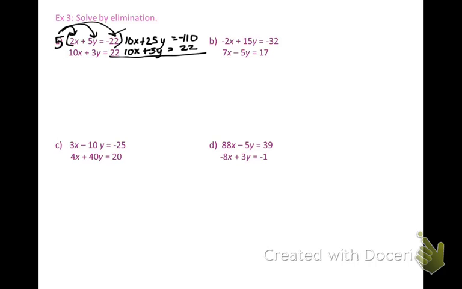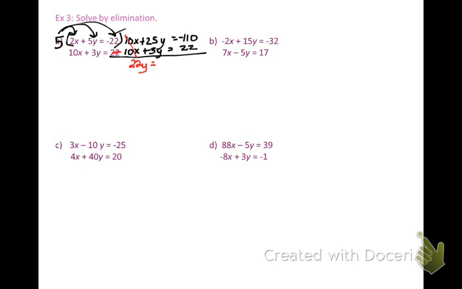Right, now I have two numbers that are the same. And they both have the same sign because 10x and 10x. So I'm going to subtract them. So 10x minus 10x is 0, so that goes away. Woohoo. So 25y minus 3y is 22y equals negative 110 minus 22.